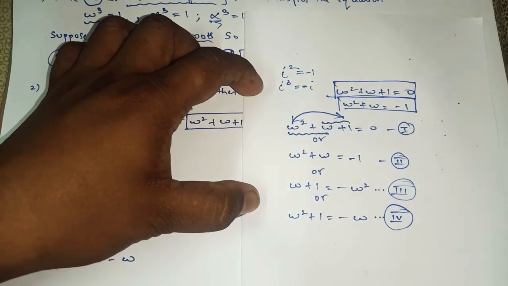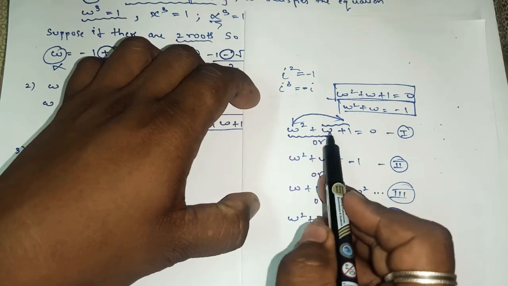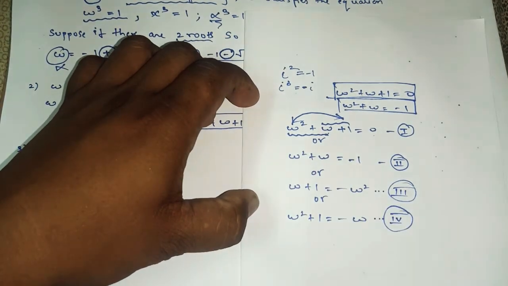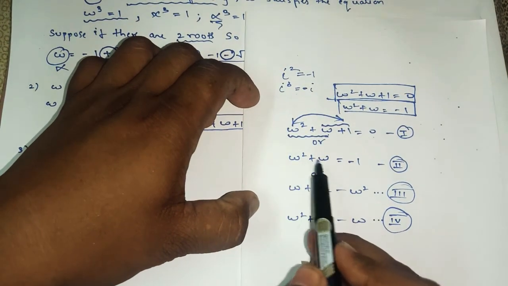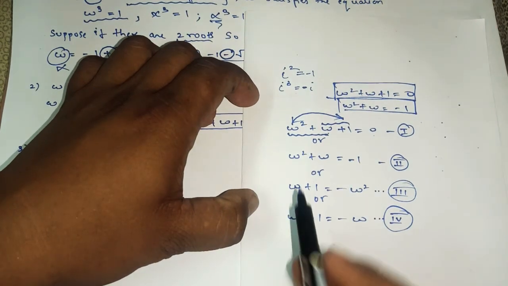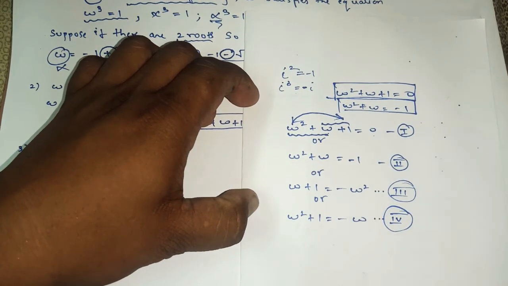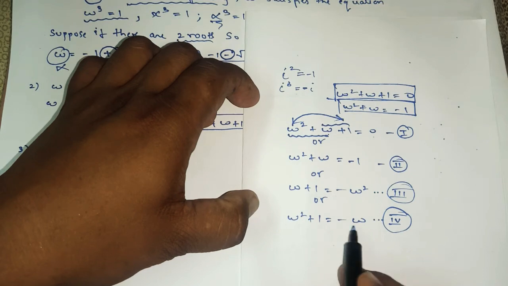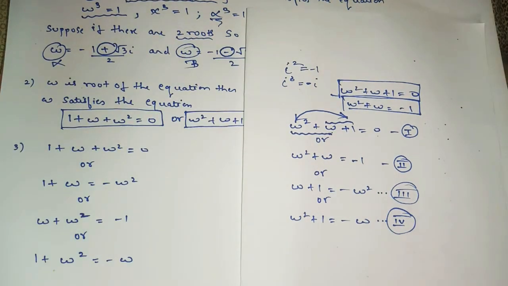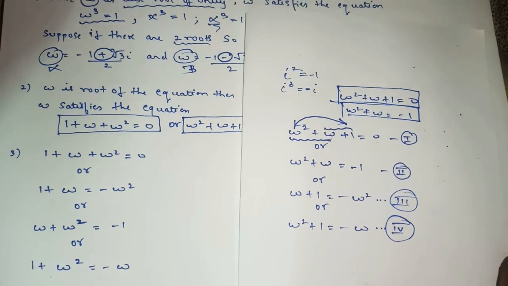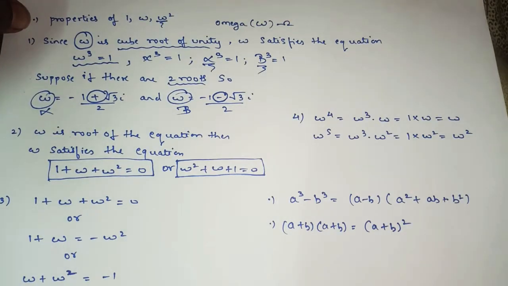So in simple language, wherever you come across w square plus w plus 1, straight away you will write 0. W square plus w, you will write minus 1. W plus 1, you will write minus w. And w square plus 1, you will write minus w. So these are the formulas which you have to keep in your mind. I hope you all understood all the three concepts. All the three concepts will play an important role.